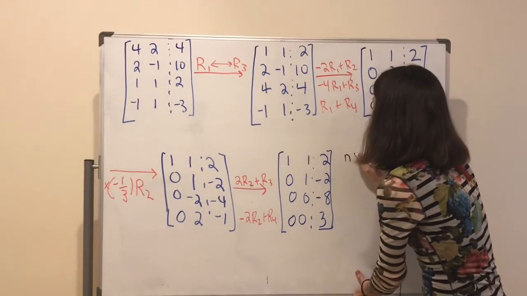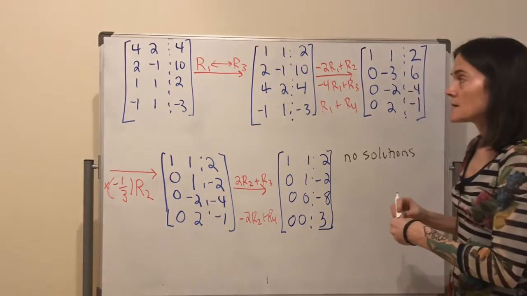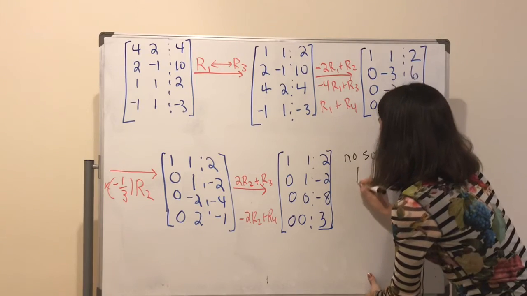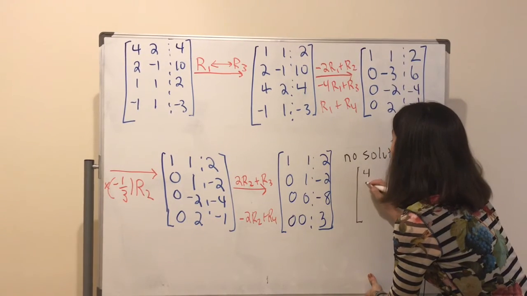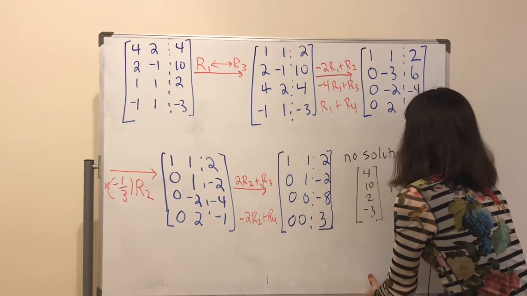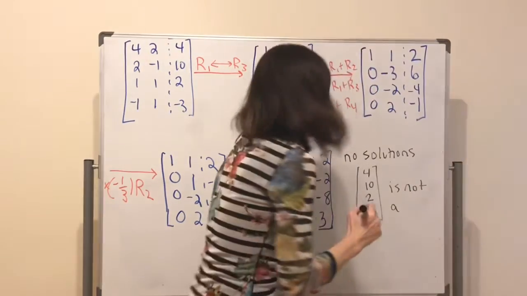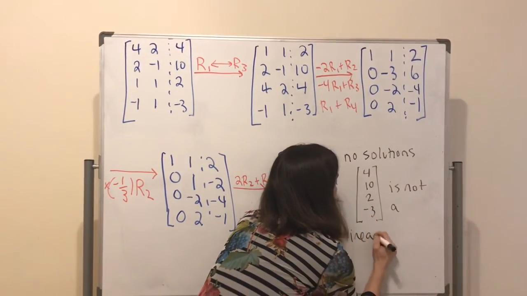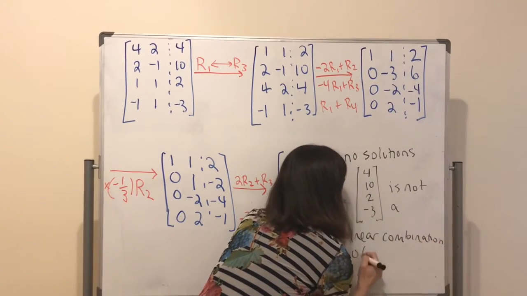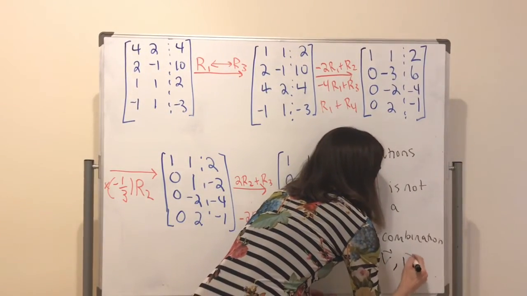This is an inconsistent system, which means that, well, I can still see it here, that this vector, it was 4, 10, 2, and minus 3, is not a linear combination of, well, the other two, V and W, because I'm running out of space.